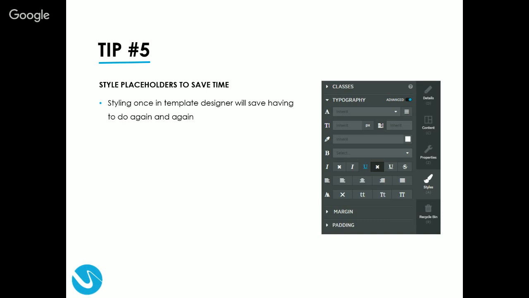And if you took notice of the 2nd tip where you're formatting global options, this might not be relevant because you'd have your inherent styling options, but it's just a quick reminder to make sure that you have your placeholders styled in the way that you'd specifically want them, the text that you put in to be styled when you come to building the email in the templated email builder, so that you don't have to do the formatting again and again each time you build the email. It's already done for you.